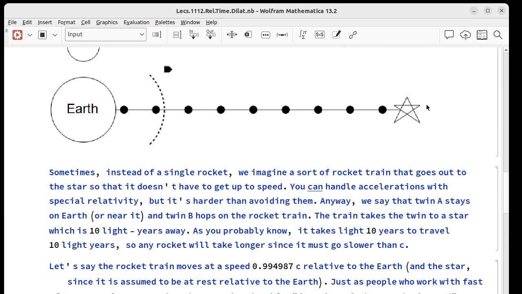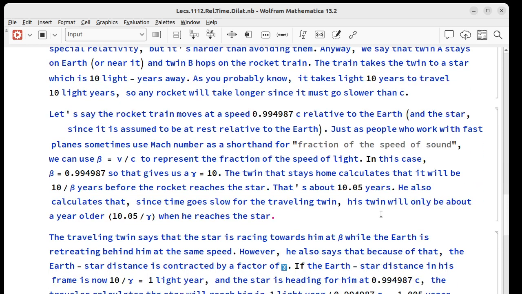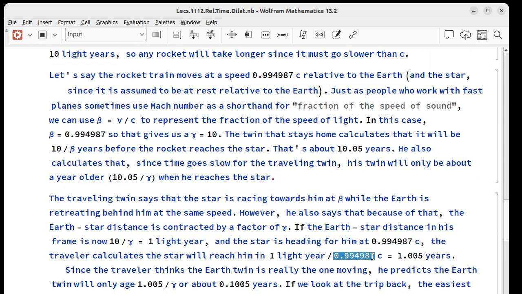So this star is only 1 light year away, and it's headed for him at almost the speed of light. So he says in 1.005 years, that star will go flashing by my window. Now, since the twin on the rocket thinks the twin on the Earth is really doing the moving, he says the Earth clocks are going to be slow by a factor of gamma. So he says the Earth twin only ages about 1/10 of a year.